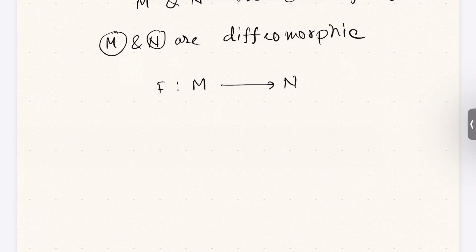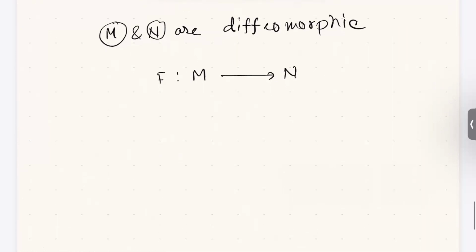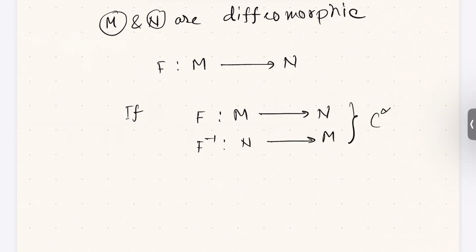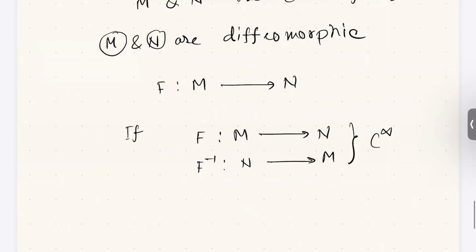Differentiable, but of which order? C infinity differentiable. So if f from M to N and f inverse from N to M are C infinity, then we say these two manifolds M and N are diffeomorphic.